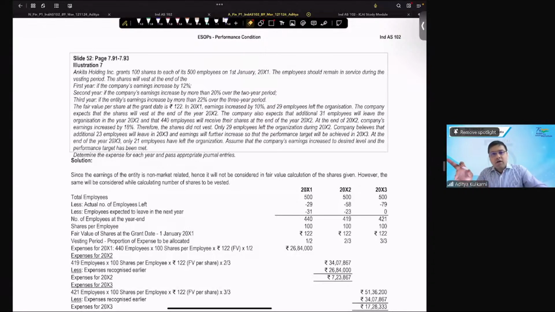And therefore, the fair value at the grant date is not an indicator of meeting the non-market-based performance conditions. Those I will have to determine when I calculate the number of options that are expected to vest. The number of options that are expected to vest will be vested. Are you able to follow now? Yes.